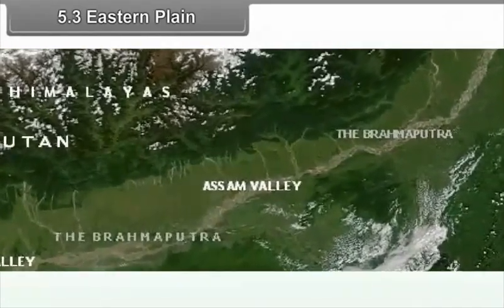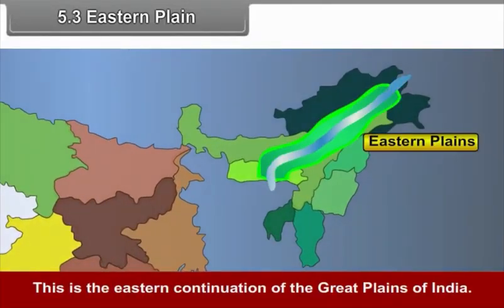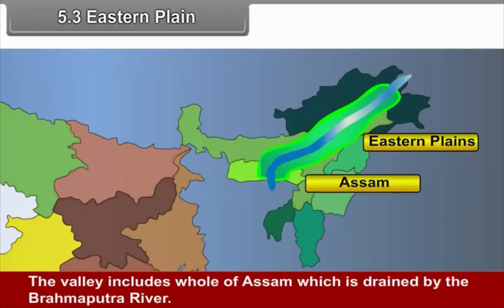5.3 Eastern Plain. This is the eastern continuation of the Great Plains of India. It is a well-demarcated physical unit in the northeastern part of India. The valley includes the whole of Assam, which is drained by the Brahmaputra river.